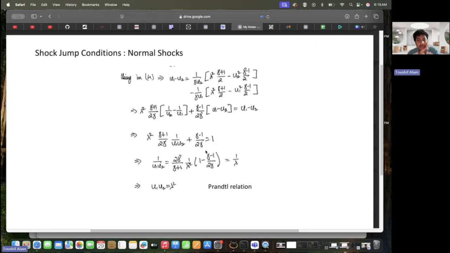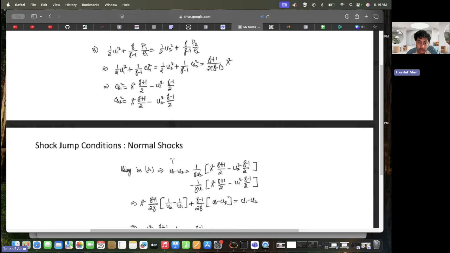So 1 by U1 U2 is equal to gamma by gamma plus 1 by lambda square, 1 minus gamma minus 1 by 2 gamma is equal to 1 by lambda, which again gives U1 U2 is lambda square, the Prandtl relation. Okay. So then you get this relation, the Prandtl relation, that U1 U2 is equal to lambda square. This quantity lambda is very much interesting.